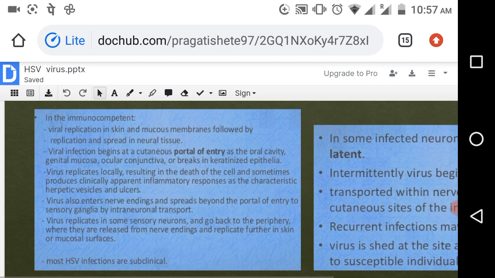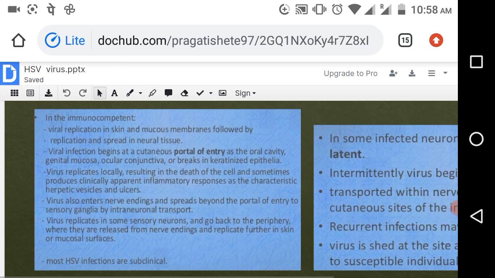Now the virus can also enter the nerve endings and spread beyond the portal of entry to the sensory ganglia by intraneuronal transport. So it can reach the neural cells and the nerve endings.